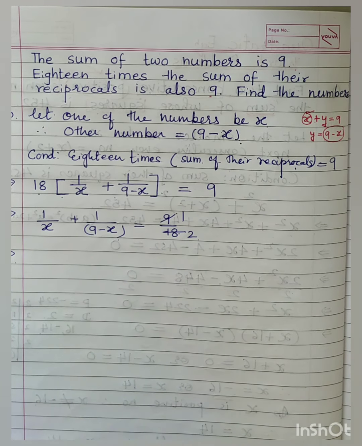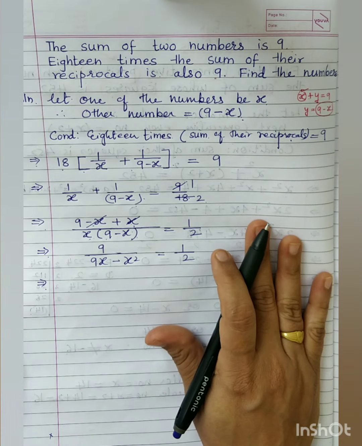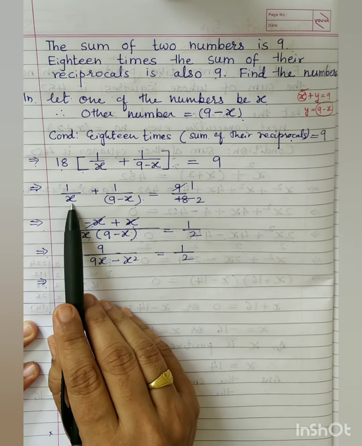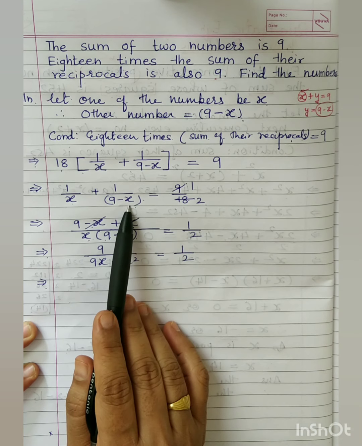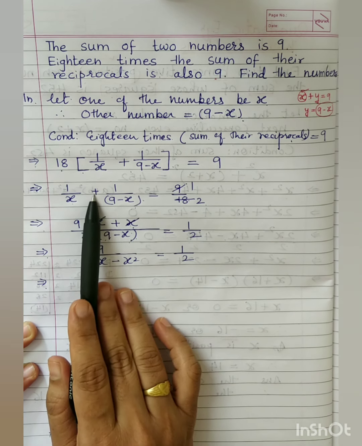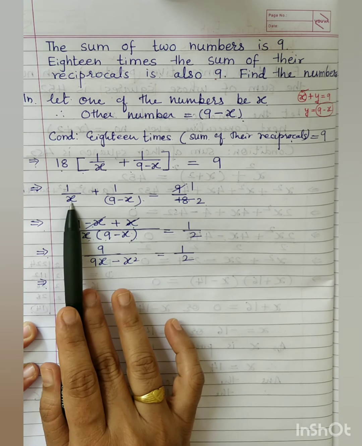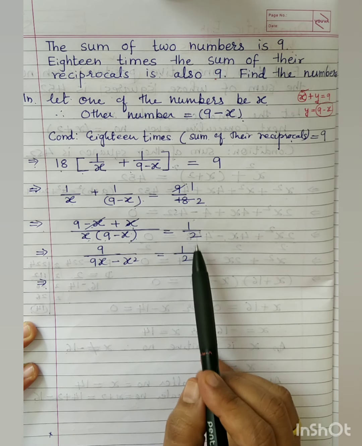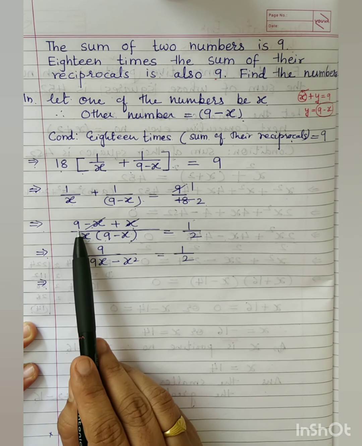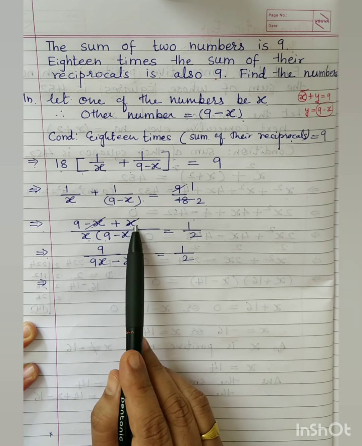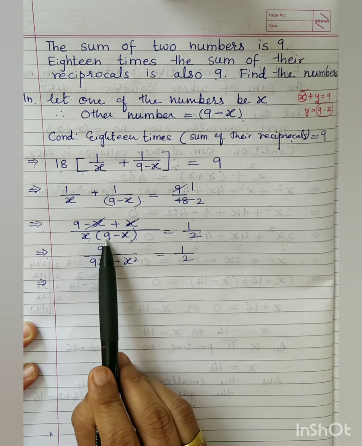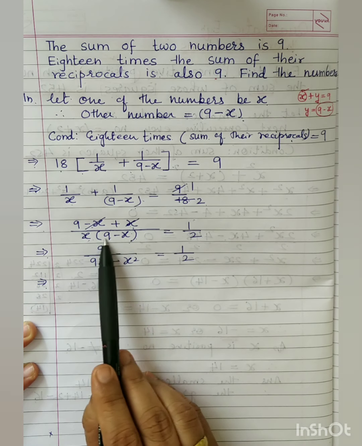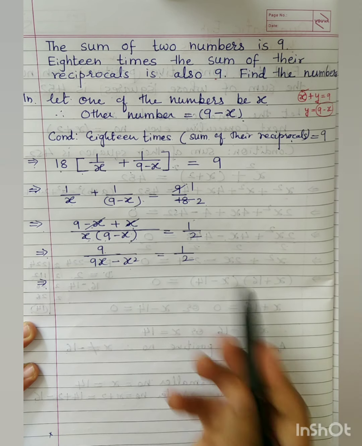So first we shall go for the standard form. What is the LCM of x and 9 minus x? The product. So 1 multiplied by 9 minus x plus 1 multiplied by x is equal to 1 upon 2. Then you can simplify: minus x and plus x get cancelled. What is left here is 9 upon, opening this bracket, 9 into x is 9x, minus x into x is x square, equal to 1 upon 2.